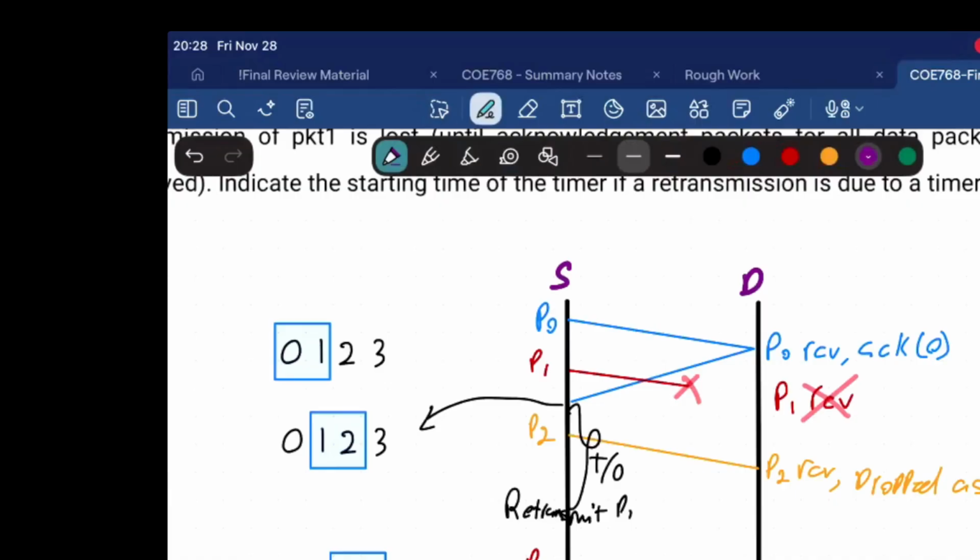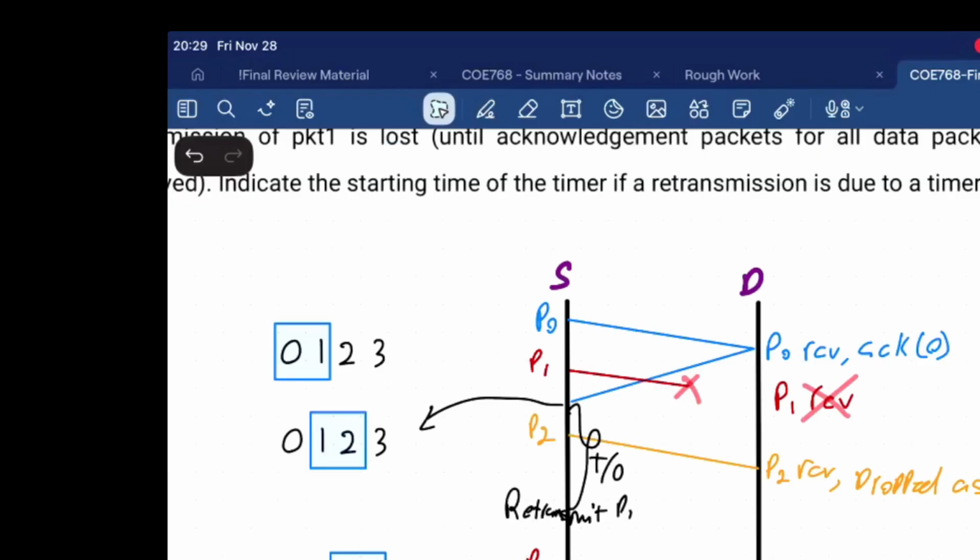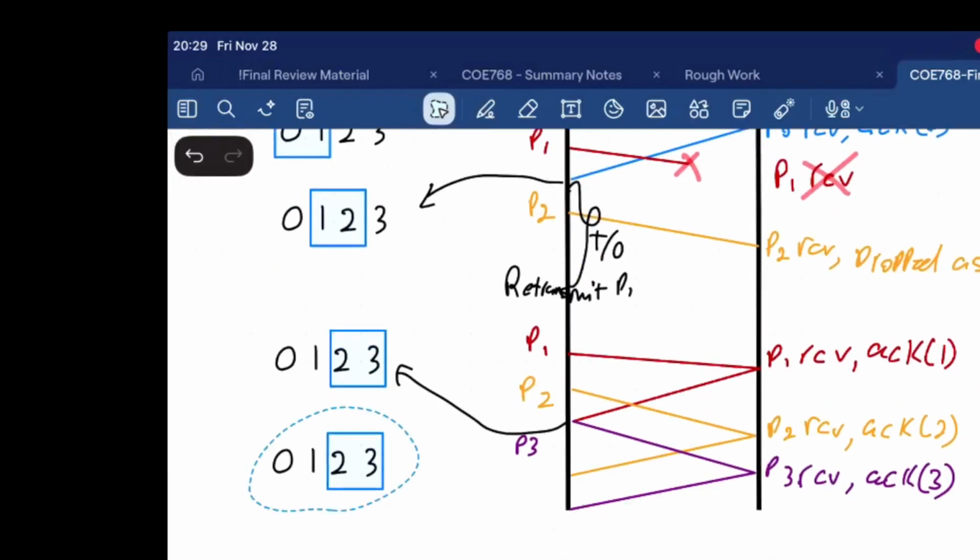There might be a slight delay, but it can be as soon as P1 arrives. P3 is received, and ACK3 is sent out. And that last bit of missing information that was left is going to be fulfilled.